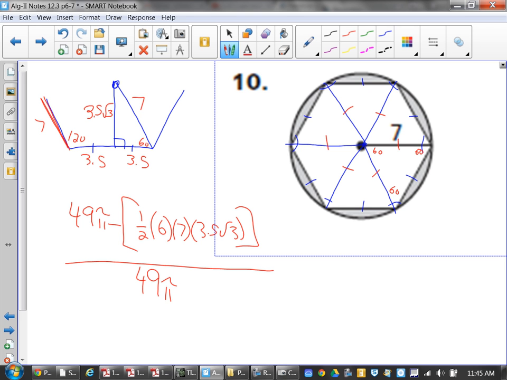Oh, we should double it. Never mind. Remember, all I'm doing here, guys, is I know that my side lengths are 7, and there's 6 of them. Why press buttons twice, just do it all at once? Just put it all in parentheses and be done with it.